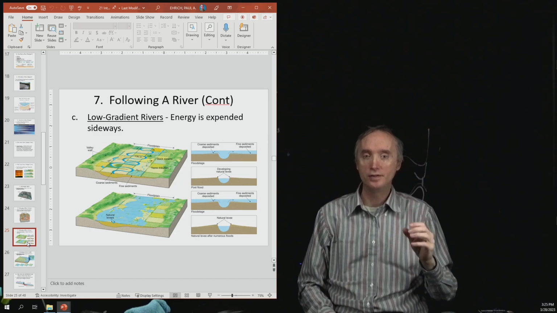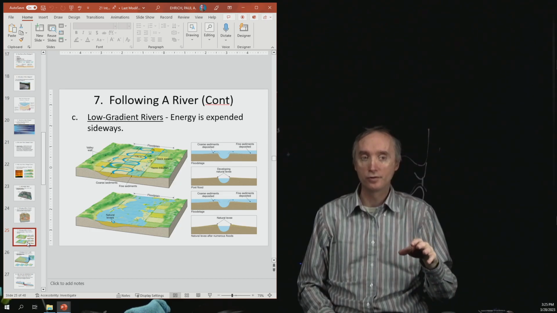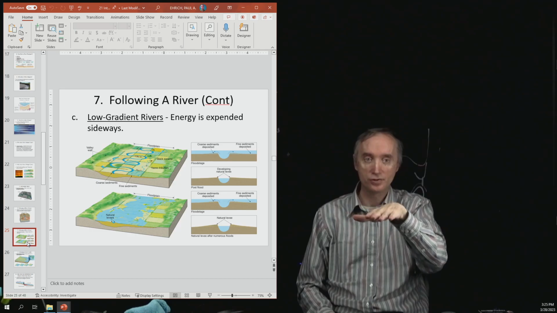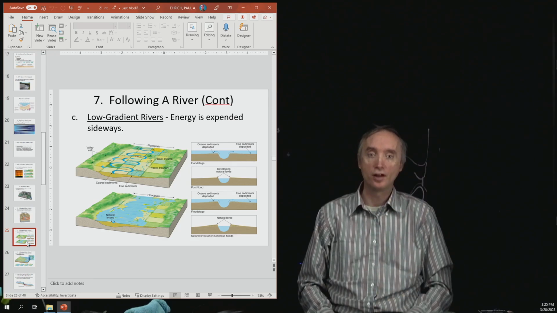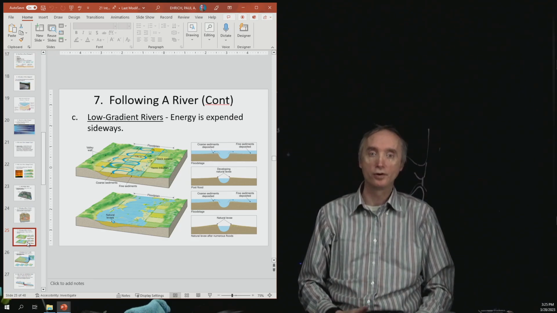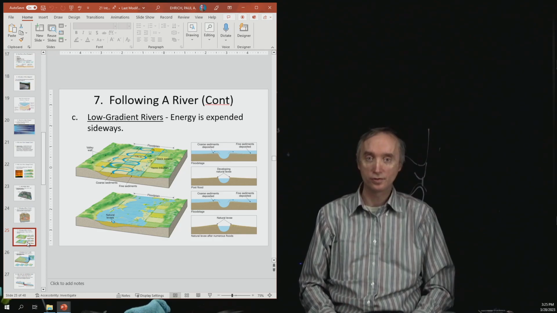going to be very distinctive for rivers that are in the plains region where the topography is very low, so that you're going to have these floodplains, places where the river naturally wants to flood and it's going to overtop its banks.